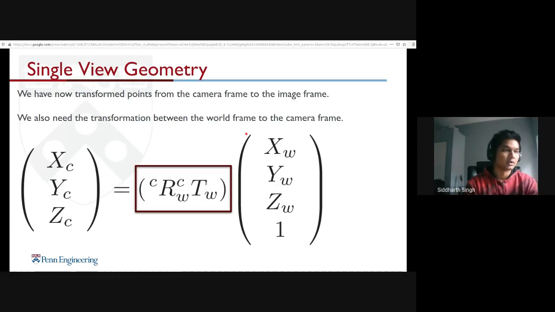It is to understand where the object is that we are seeing, right? So where the object is depends on where in the world the object is. So I went from my camera frame to my image plane, but ultimately what I want is the world frame coordinates.